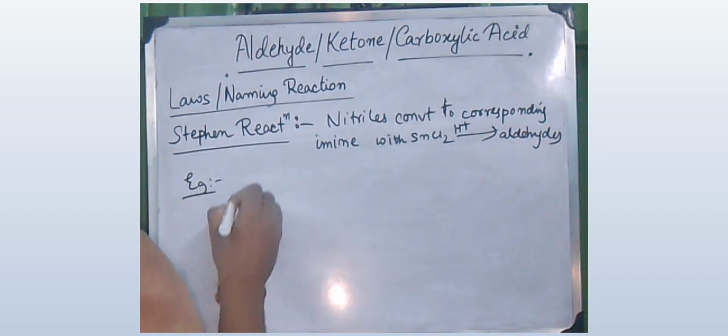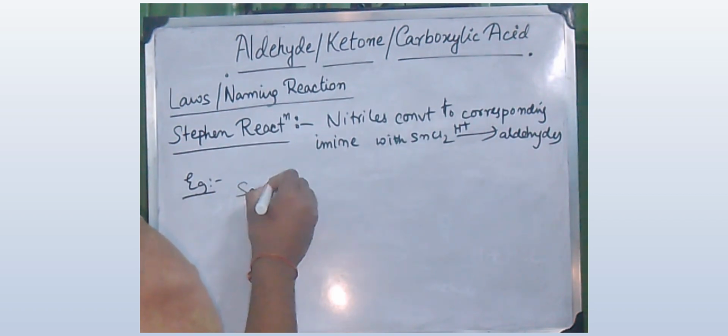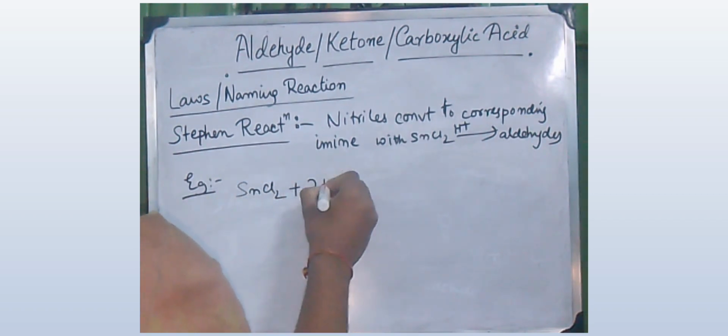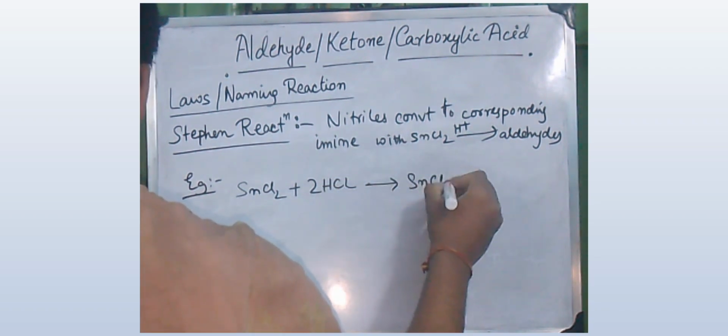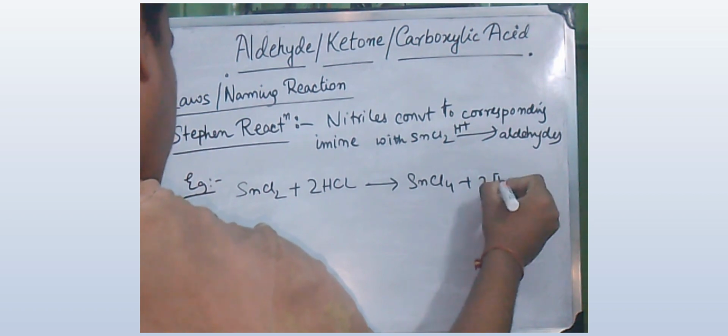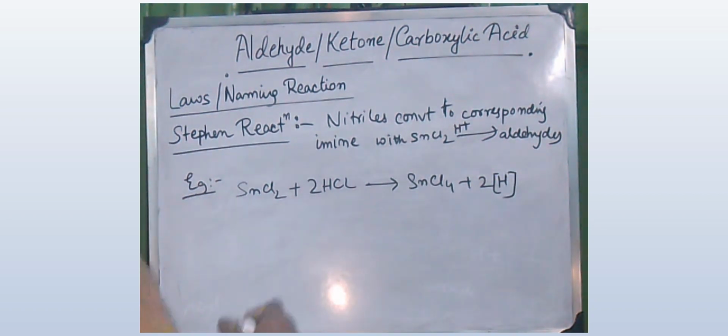For example, SnCl2 plus 2HCl gives SnCl4 plus 2 nascent hydrogen, which is not stable obviously.